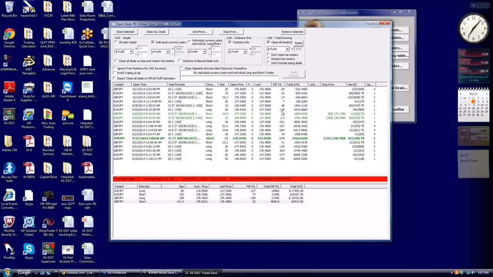They are being recovered from a loss until the profit target, which is assigned up in this section. In this particular case, it is $3,000.